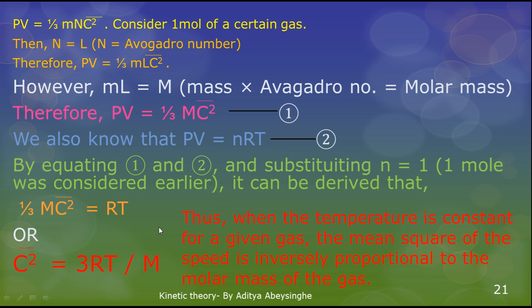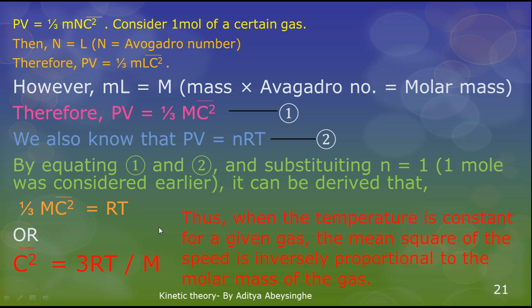And also for a gas whose molar mass is constant, when the temperature increases, the mean square speed increases. So that's another relationship between the temperature, the molar mass, and c squared bar, which is the mean square speed, and R here is the universal gas constant.